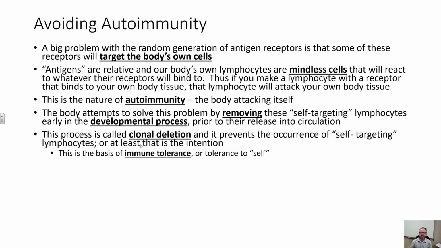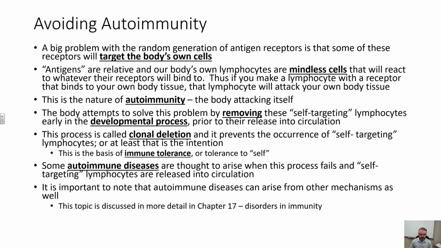So you're creating random configurations and then you're testing them. And if they react to your body's own tissue, you remove them. And therefore they never really make it through the whole development or maturation process. And done correctly, this leads to what's called immune tolerance, the ability for the body not to target itself.